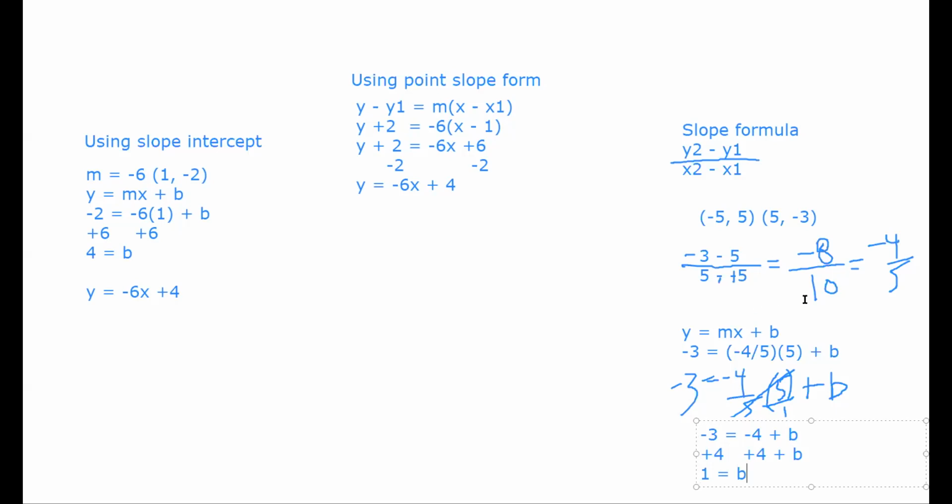Okay, so my equation that tells me what the line is that goes through those 2 points, my actual equation, I'm running out of room on that part of the page, y equals -4/5 x plus 1.